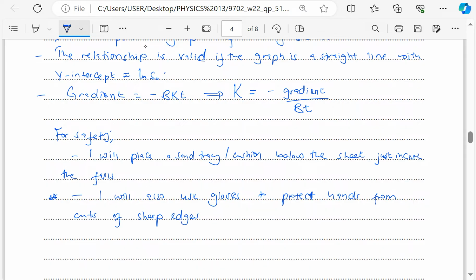The edges of the copper sheet could be sharp, so they could cause cuts. So it would be better if I use gloves to protect the hands from the cuts.